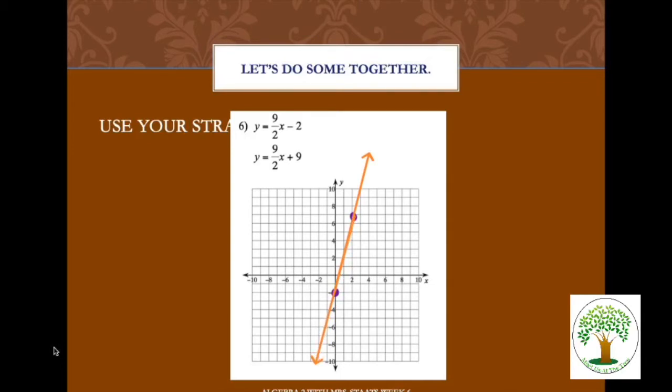Start at positive 9 and go down. I'm going to have to go down 9 and over 2, correct? Down 1, 2, 3, 4, 5, 6, 7, 8, 9, over 1, 2. Draw my line, which is directly on the x-axis, right?